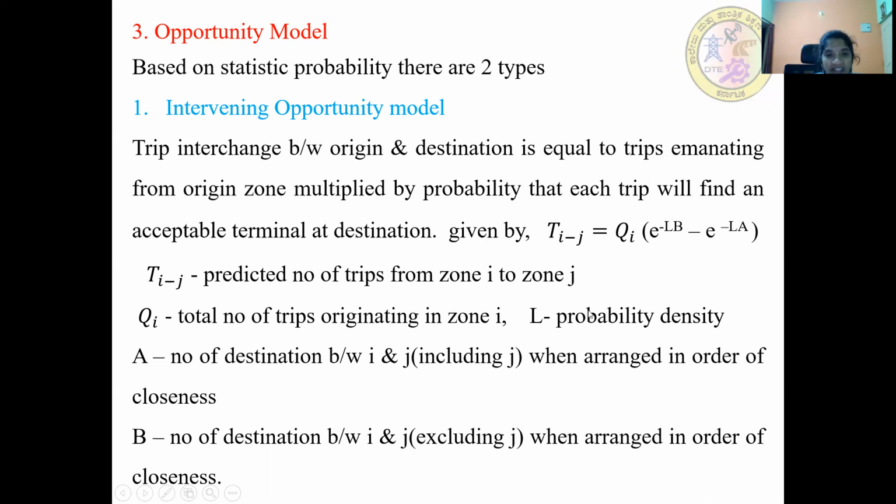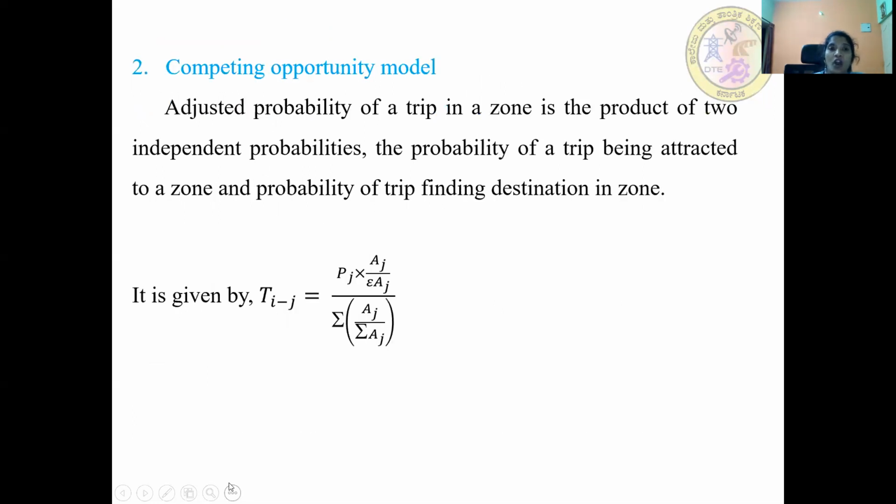L is the probability density, A is the number of destinations between i and j when arranged in order of closeness, and B is the number of destinations between i and j excluding A. Okay, next we can move on to the competing opportunity model.